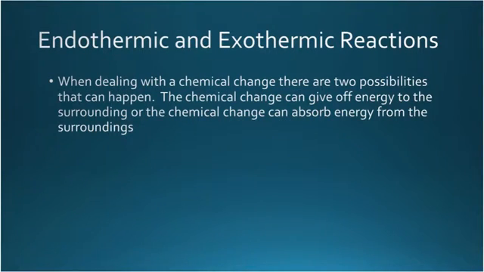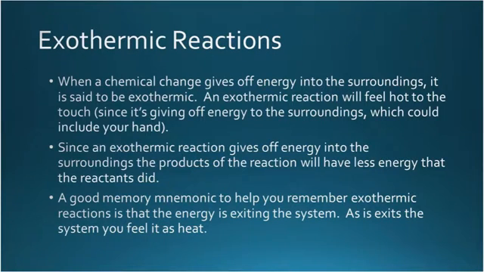Endothermic and exothermic reactions. When dealing with a chemical change, there are two possibilities. The chemical change can give off energy to the surroundings, or the chemical change can absorb energy from the surroundings. When a chemical change gives off energy into its surroundings, it is said to be exothermic.